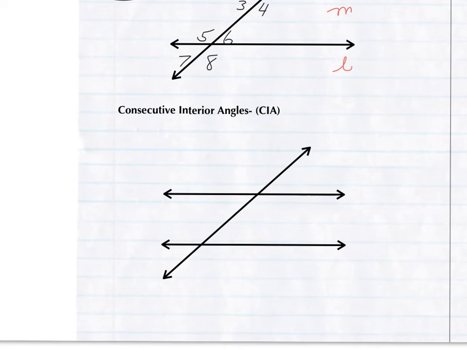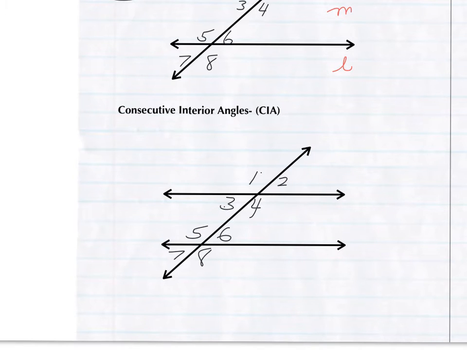Consecutive interior angles. Consecutive interior angles are angles that are consecutive, and that means they're on the same side. So let's put in some numbers here. It would be angles like 1 and 2, right? They're on the same side. 5 and 7, 2 and 4, 6 and 8. But it says interior, so it's looking for things that are on the same side, but again, inside of the parallel lines.